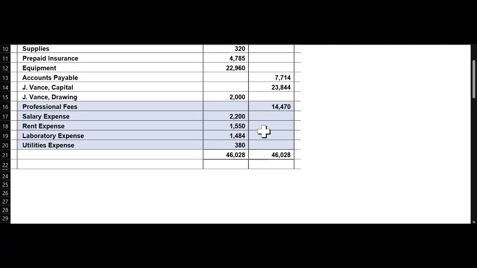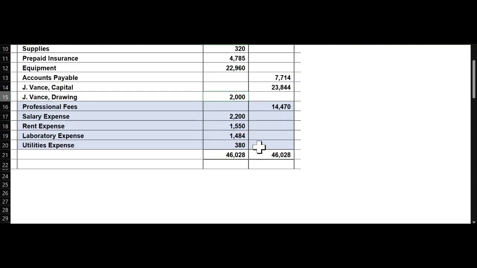And so we can now prepare our income statement by taking the revenue and adding all the expenses, subtracting. We are going to get most likely what? A net income, because these do not equal anything close to 14,000. So there will be a net income, which will then be added to the capital, and we would deduct the withdrawal.